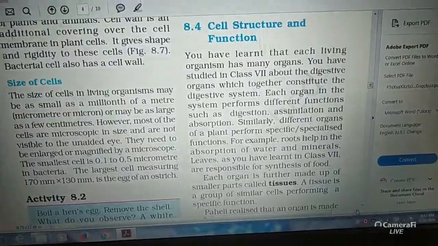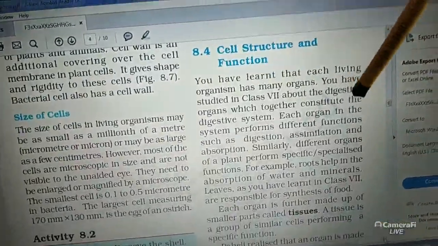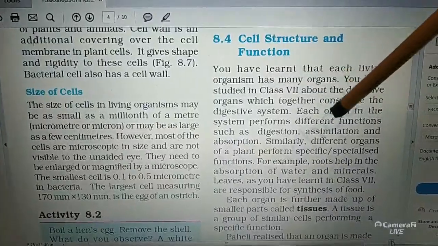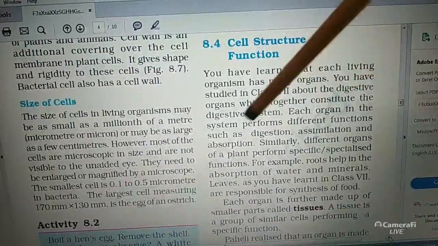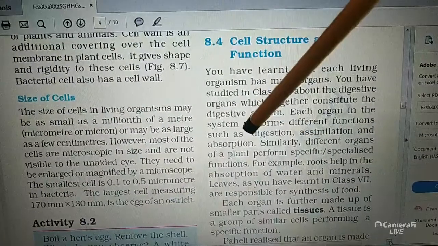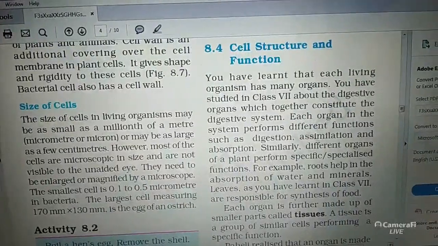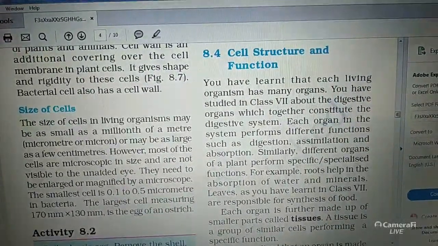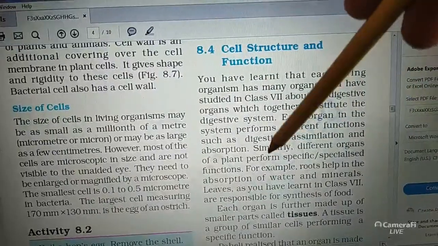Each organ in the system performs different functions such as digestion, assimilation and absorption. Similarly, different organs of the plant perform specific or specialized functions.